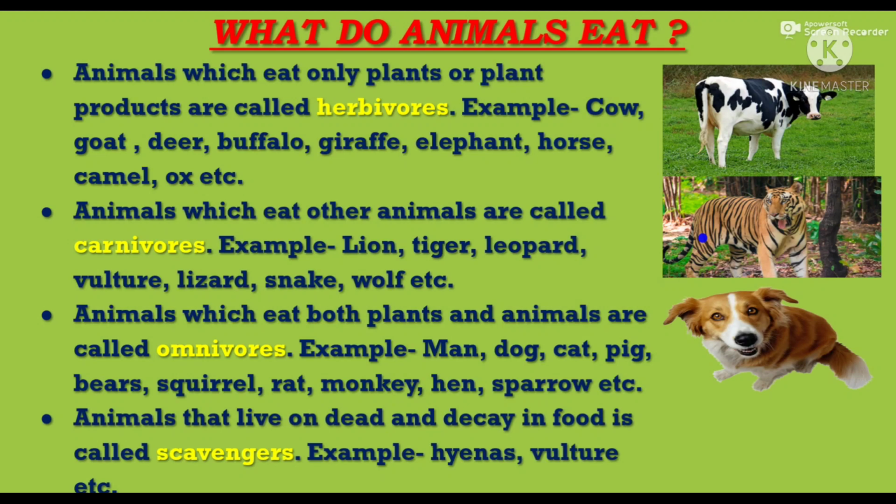Animals that live on dead and decaying food are called scavengers, for example hyena, vulture. They live on dead animals and plants. So these are the scavengers or detrivorous.